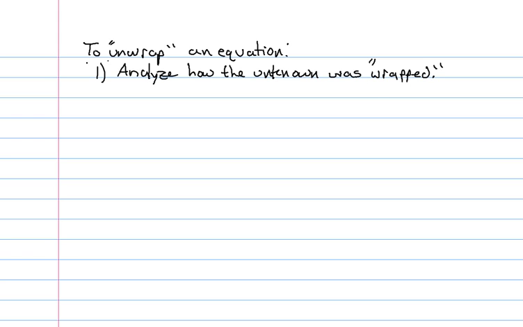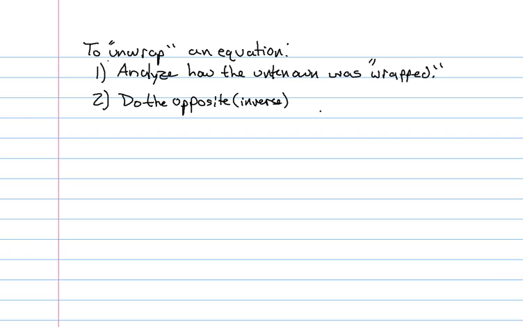And once we know how it was wrapped, what we're going to do to unwrap is we're going to do the opposite things, and probably a better word here would be inverse.